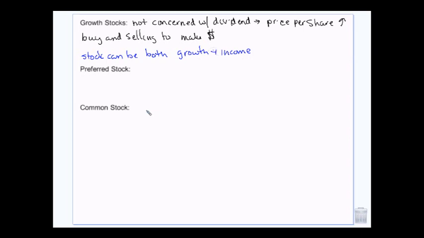So income stocks pay dividends. Growth stocks, people are buying and selling to try to earn extra money, but growth stocks can pay dividends. So you can have a stock that's both a growth and an income stock. They're not exclusive.